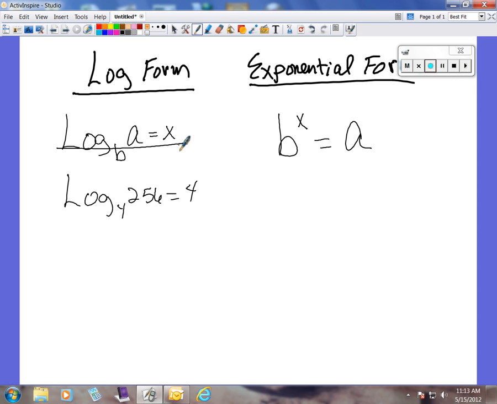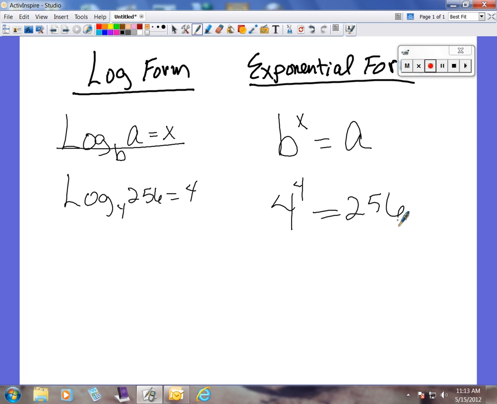So, what is the exponential form for this? 4 to the 4th equals 256. And isn't that a true statement, a true equality? If you took 4 to the 4th on your calculator, you would get 256. Now, these are two forms of the same thing. How many remember in Algebra 1 you had an equation of a line could be slope-intercept form? Remember that?